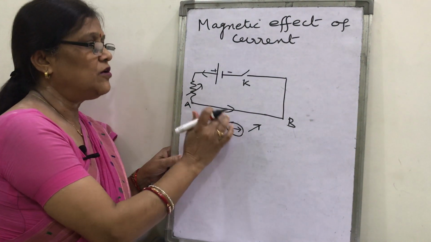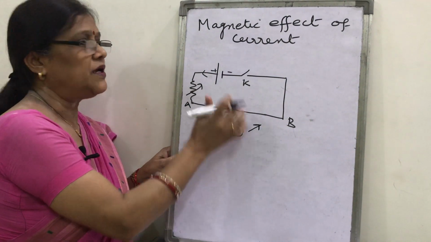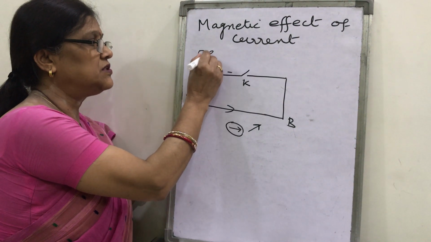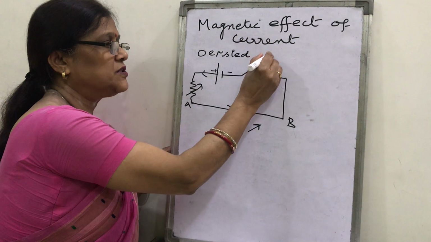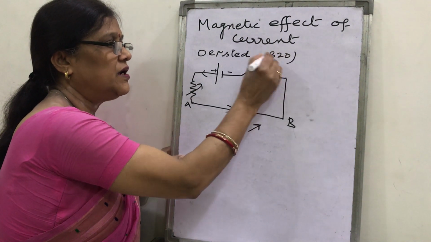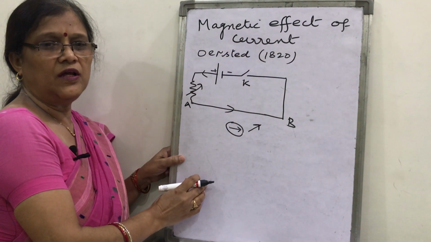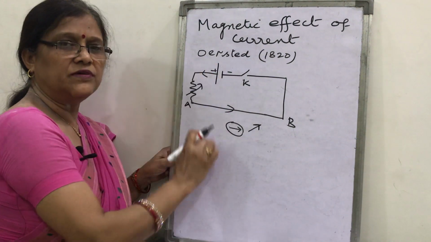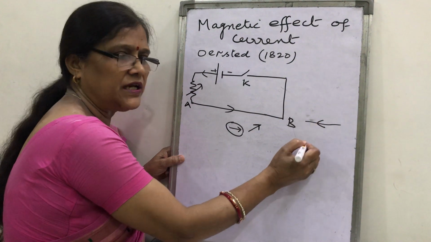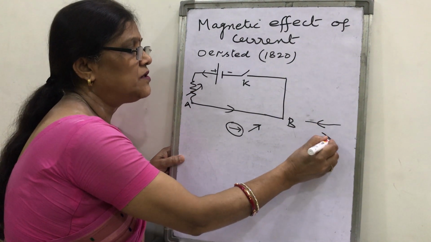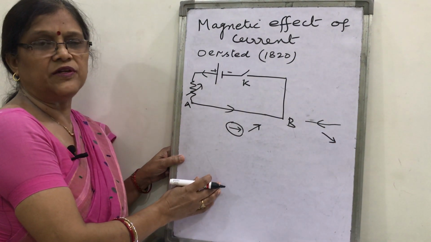This experiment was done by the famous scientist Oersted about 200 years ago, that is in 1820. If the direction of current is reversed, if the direction in the wire becomes this way, then it has been observed that the needle also deflects opposite.